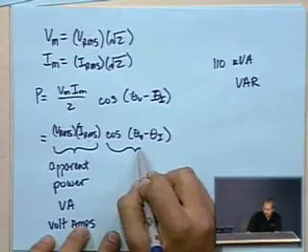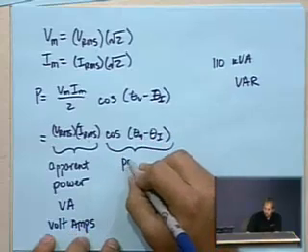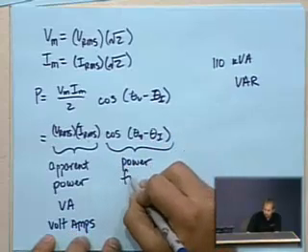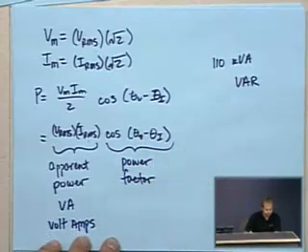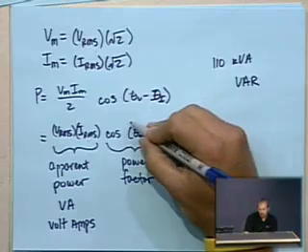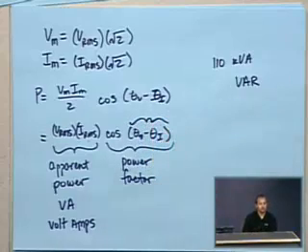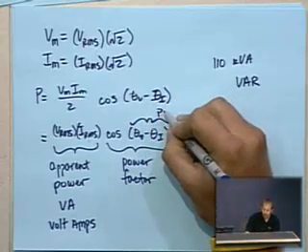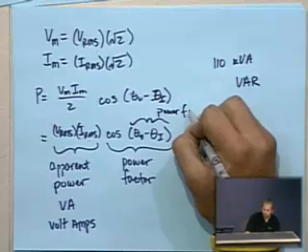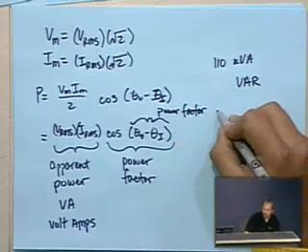This part is something that we're going to define as being the power factor. And this specific part, which is the difference between the phase angle of the voltage and the phase angle of the current, we're going to call just the power factor angle.